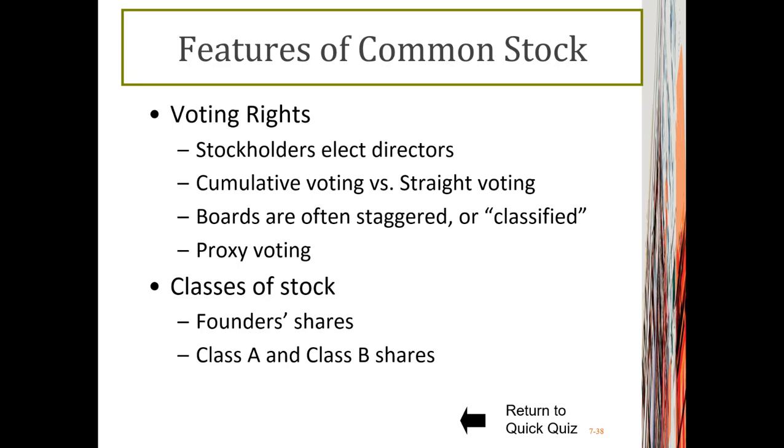As the boss of the company, you have the right to receive future dividends. In addition to that, you have other rights. The first one is voting rights, because you are the boss.